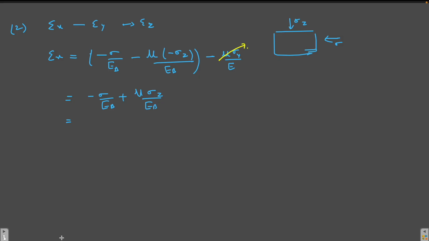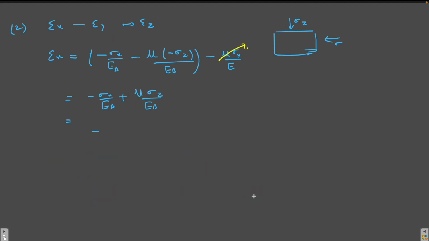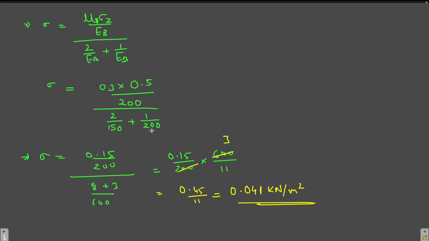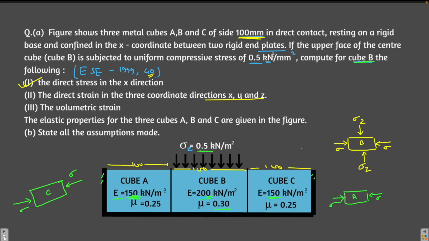Let me write it as sigma x. So minus sigma x by EB plus mu sigma z by EB. Sigma x we just found out, 0.041, right? So minus 0.041 kilonewton per meter square, and EB is given to us as 200.